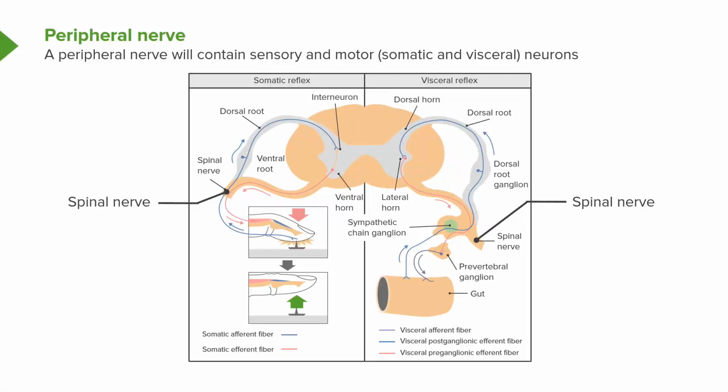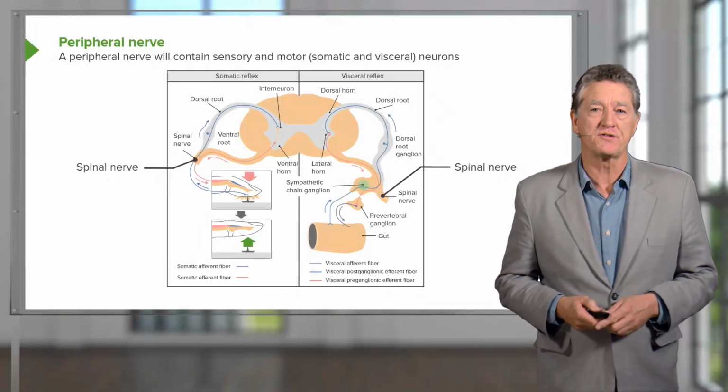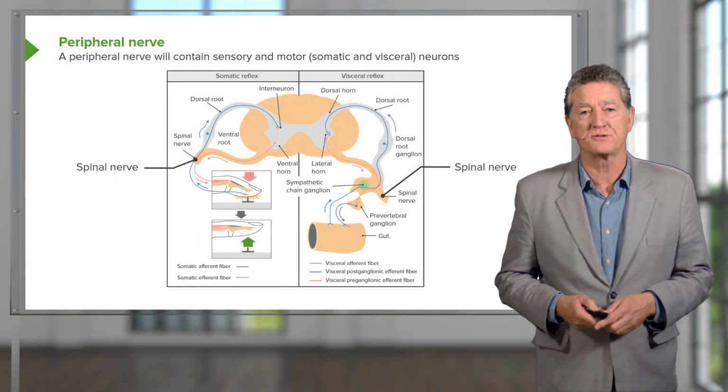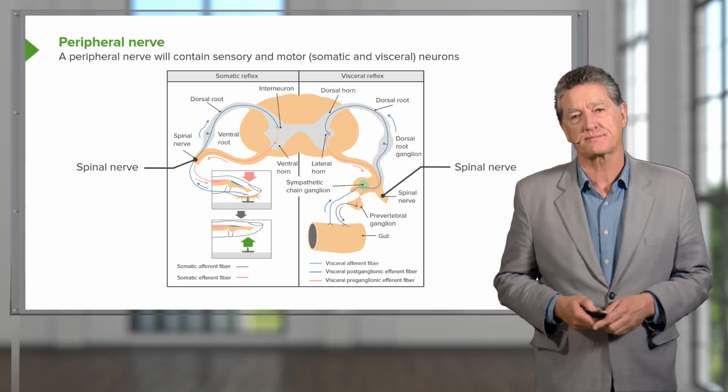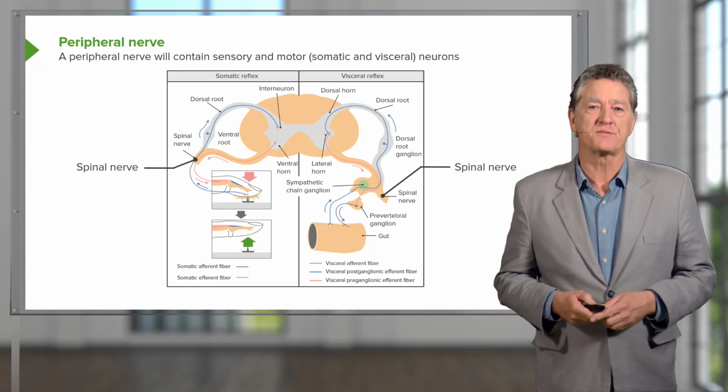Now focus on the visceral motor components of the autonomic nervous system, and make sure you understand there are two neurons involved, whereas in the somatic motor to skeletal muscles, there was only the one neuron. The preganglionic neuron originates in the lateral horn of the spinal cord.